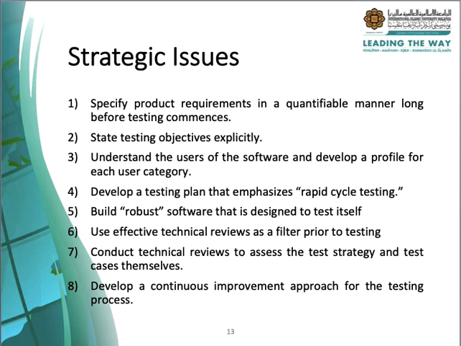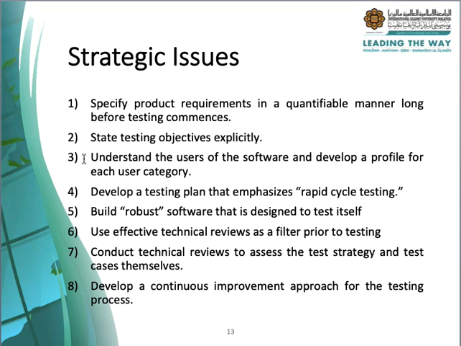Second, state testing objectives explicitly. The objective must be clear. Number 3, understand the users of the software and develop a profile for each user category. In order to design and develop the correct product for the correct user, you have to understand the user first. So this is the 3rd criterion of the strategic issues of software testing strategies.